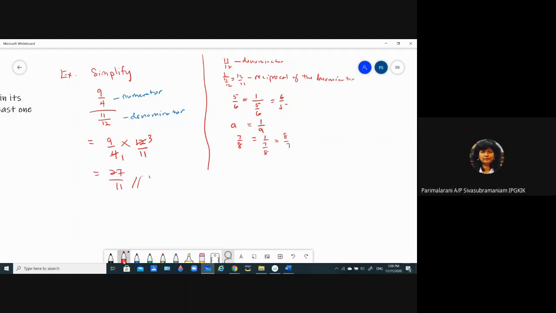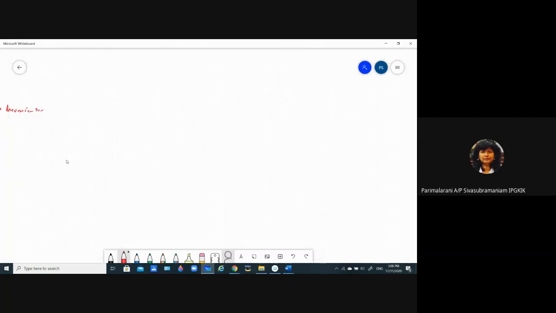Okay, let's do one more example. Given that x over 10 divided by 4 over x is 8 over 5, calculate x.